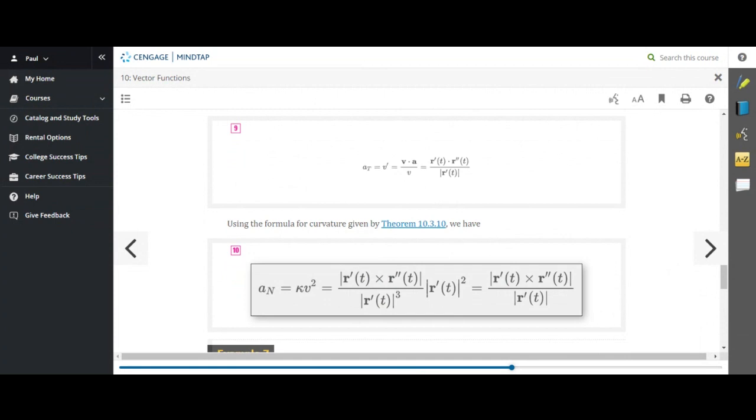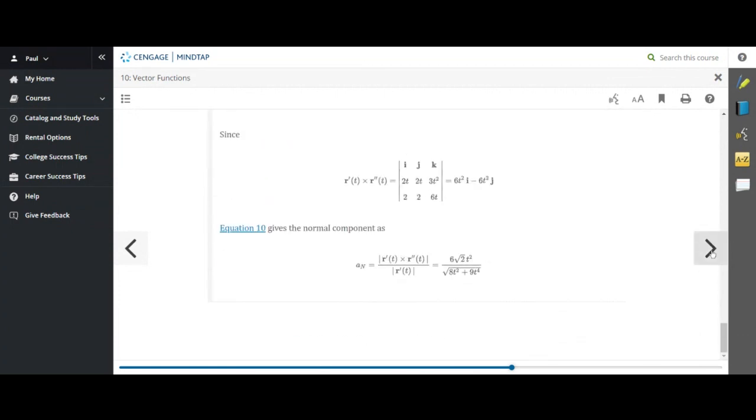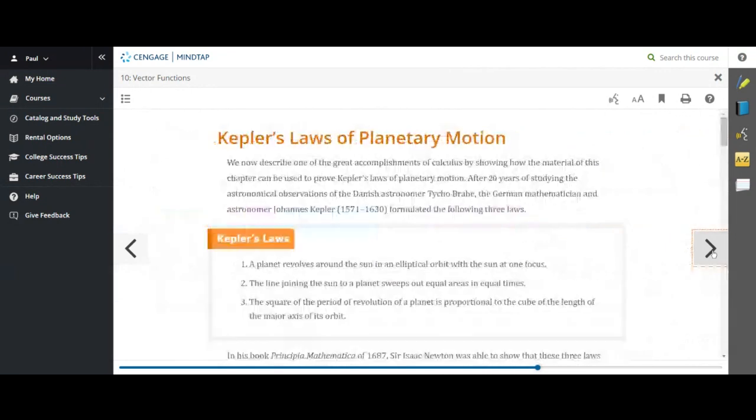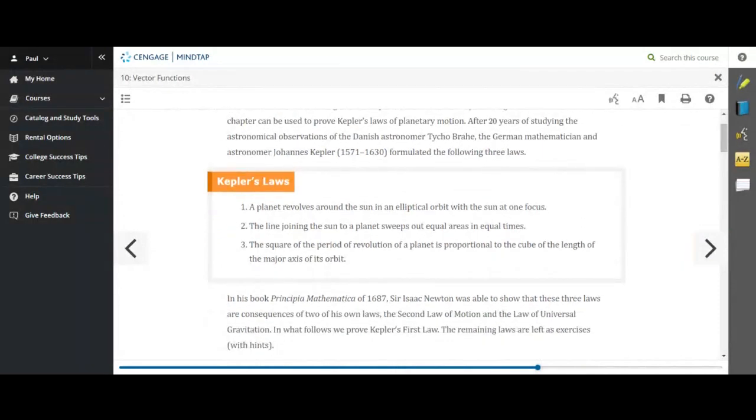Okay. And also in the book, they do talk about Kepler's laws of planetary motion. Okay, these are Kepler's laws. How many have seen Kepler's laws, maybe in another class?